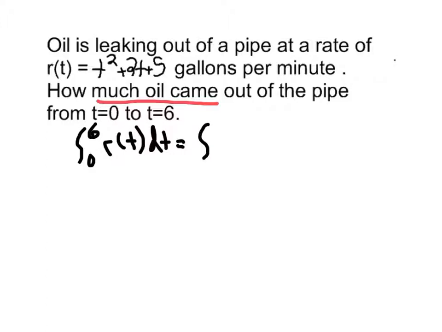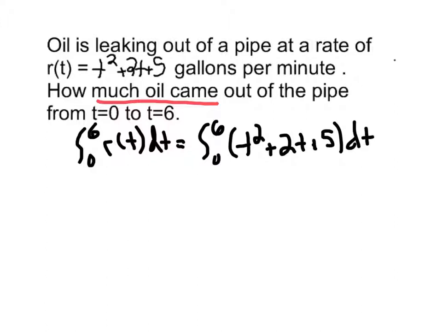So that's the integral from 0 to 6 of t squared plus 2t plus 5 dt. Using the fundamental theorem of calculus, that's going to be big F of 6 minus big F of 0. To find big F, I find the antiderivative.